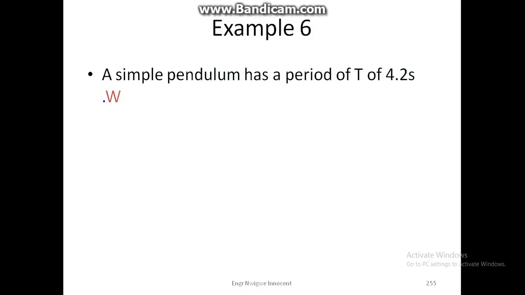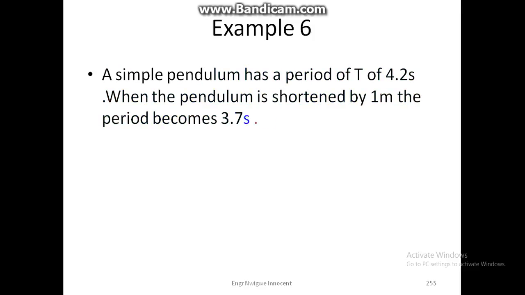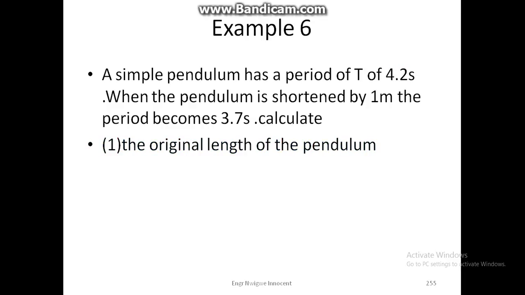Example 6. A simple pendulum has a period T of 4.2 seconds. When the pendulum is shortened by 1 meter, the period becomes 3.7 seconds. Calculate the original length of the pendulum.